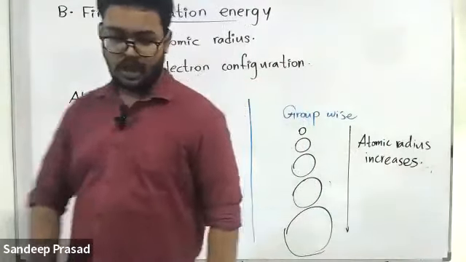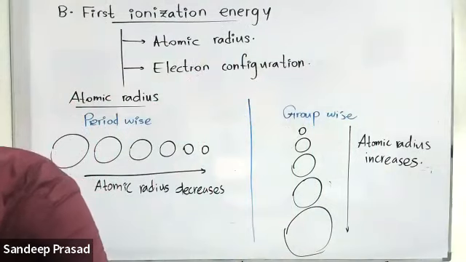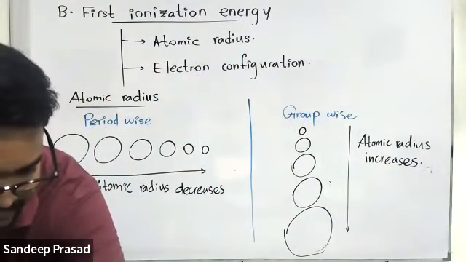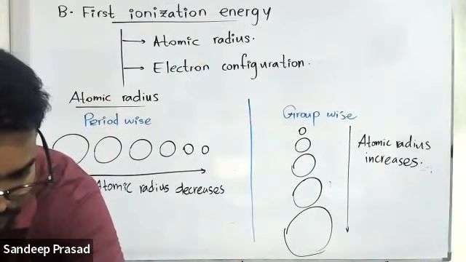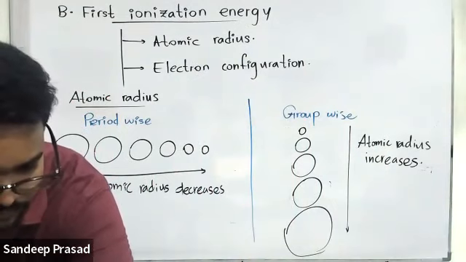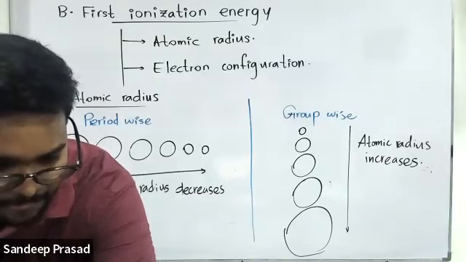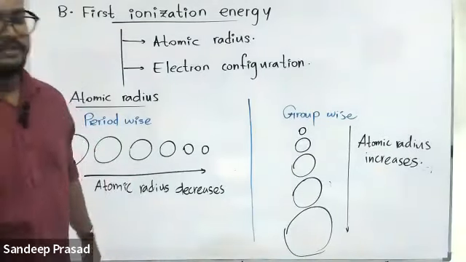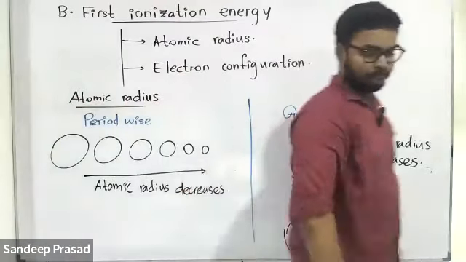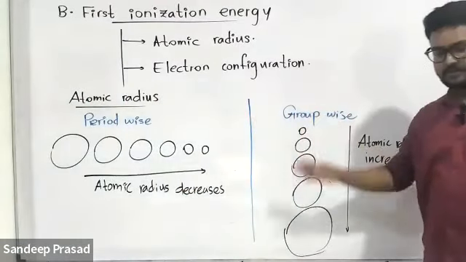Now how is ionization energy varying along the period? Can you tell me? Period means actually left to right.